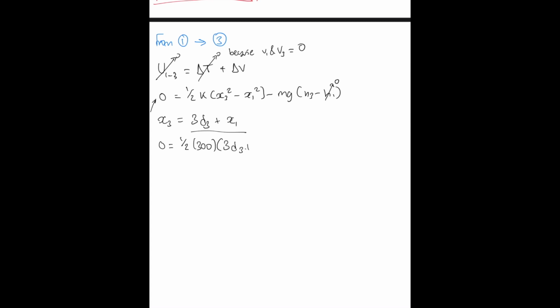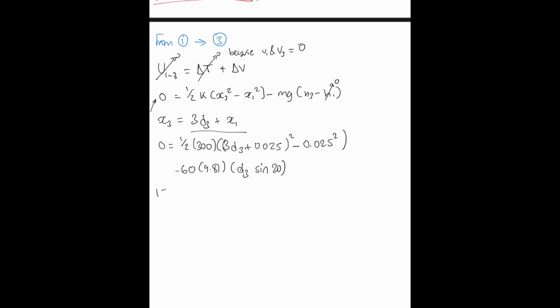So (3d3 plus 0.025) squared minus 0.025 squared minus 60 multiplied by 9.81 multiplied by d3 sine 20.